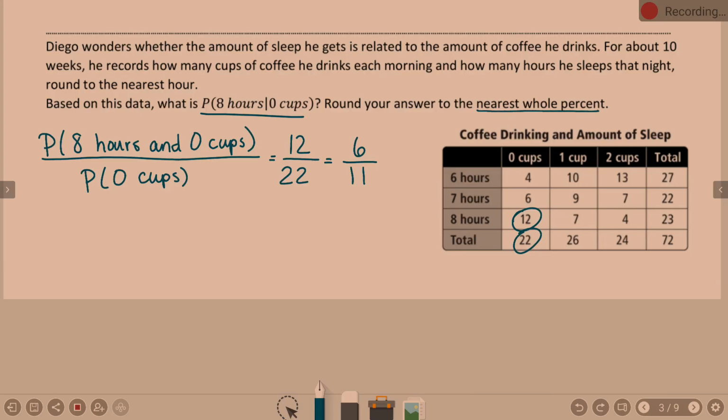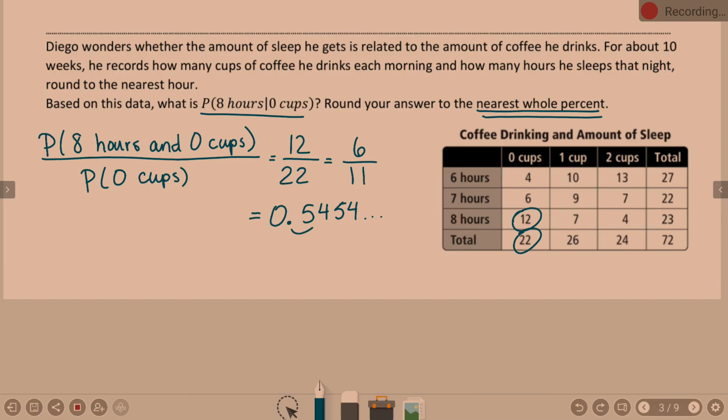Now, officially, it does ask us to round our final answer to the nearest whole percent. So, if you go to a decimal, this is what? 5, 4, 5, 4, 5, 4, 5, 4. Is it repeating, I think?